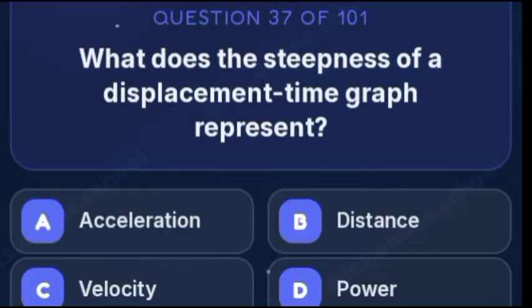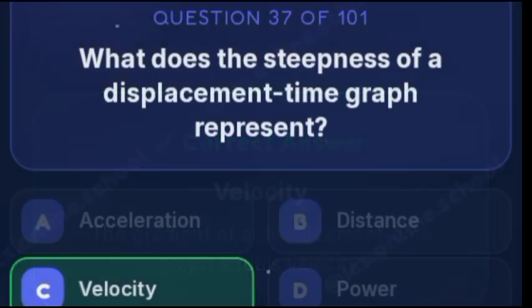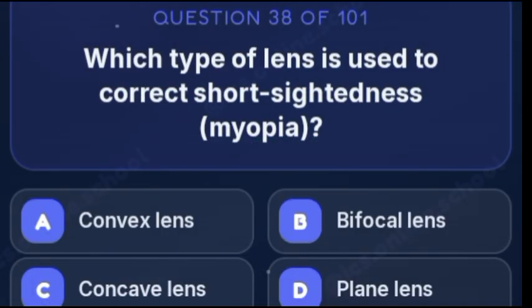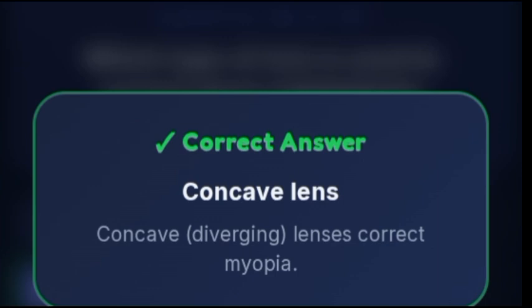What does the steepness of a displacement time graph represent? Velocity. Which type of lens is used to correct? Concave lens.